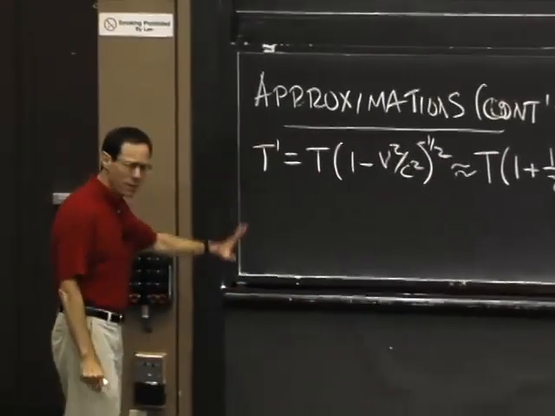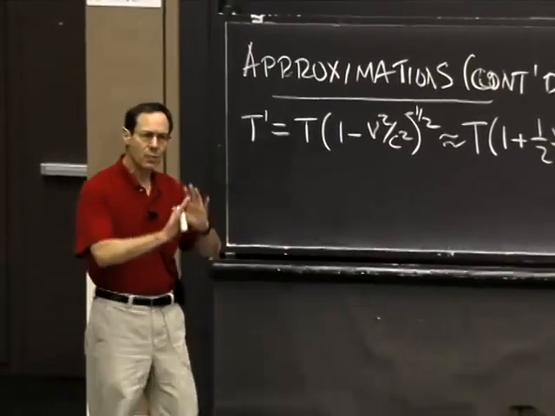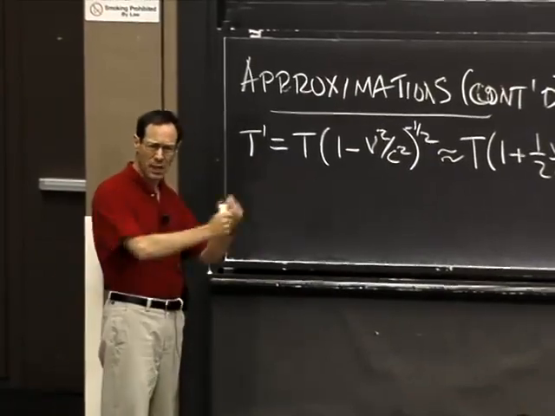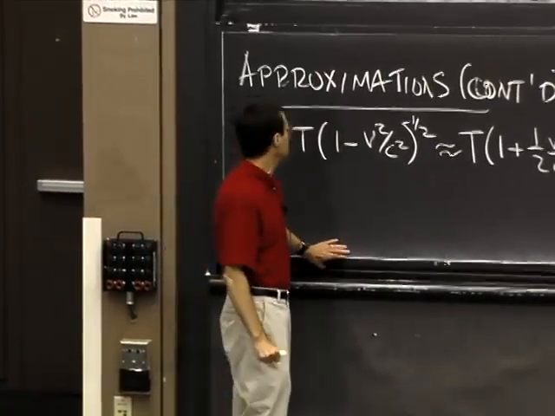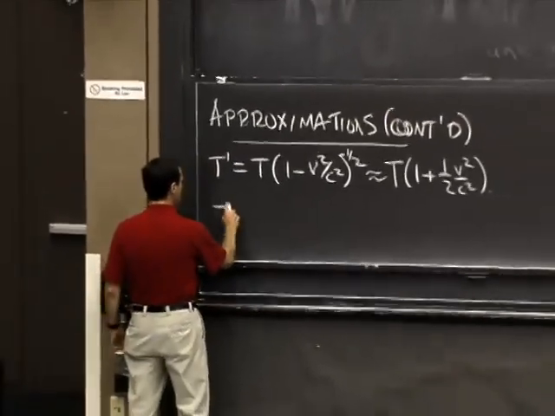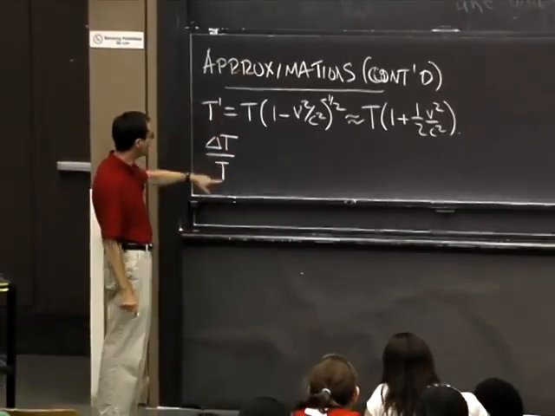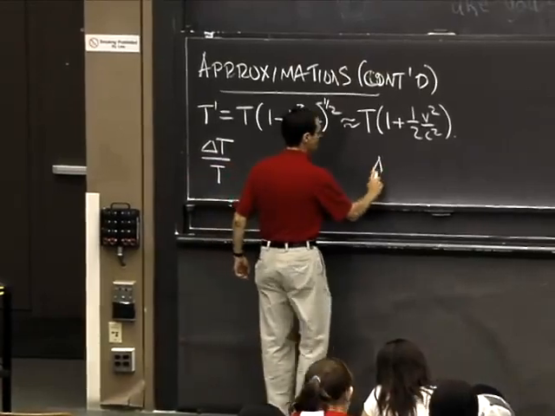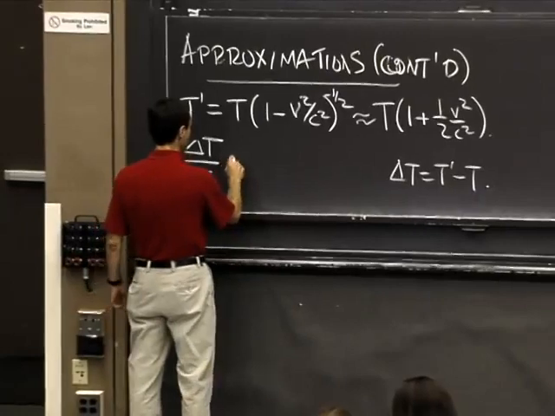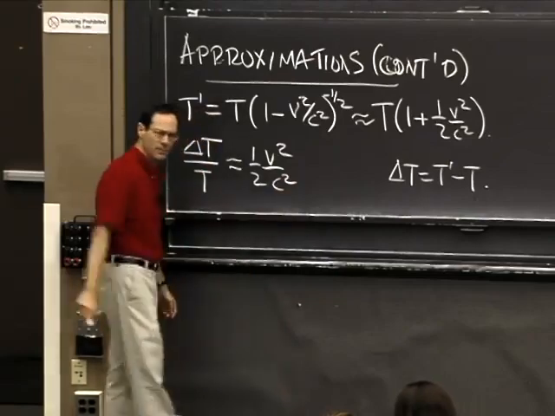Now, I want to reiterate why this is a useful way of thinking of things and why this comes up in real life, why this is maybe more important than everything that I've taught you technically so far. So first of all, what this is telling us is the change in t divided by t. If you do the arithmetic here and subtract t, that's using the change in t is t prime minus t here. If you work that out, this is approximately the same as a half v squared over c squared.